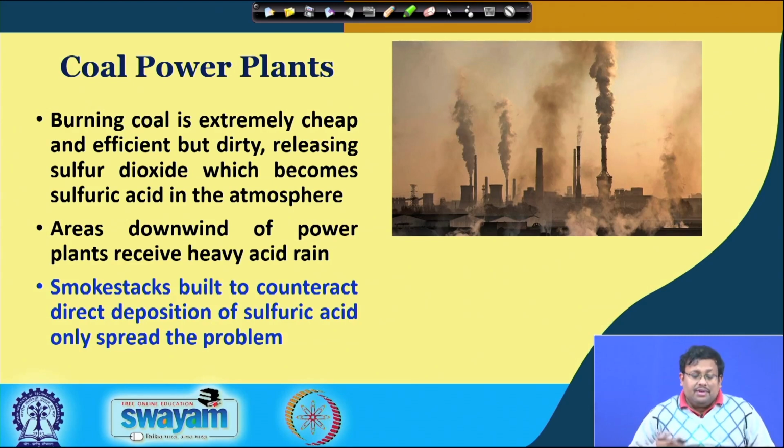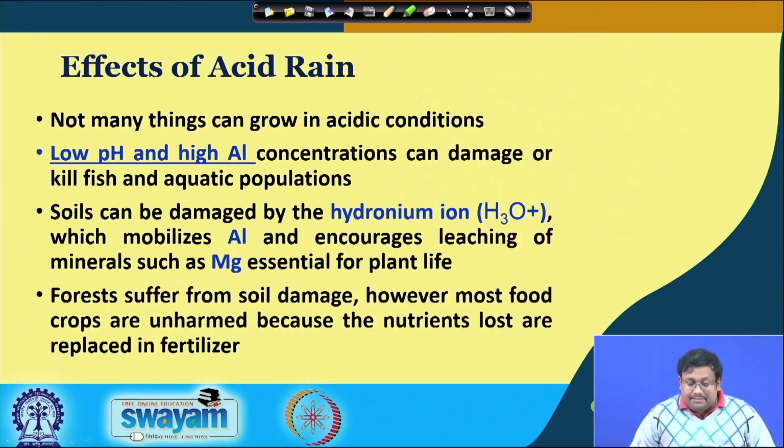So this is how coal power plants produce a huge amount of smoke or different types of gases, which ultimately produces these acid rains. So let us talk about what the impacts of acid rain are.